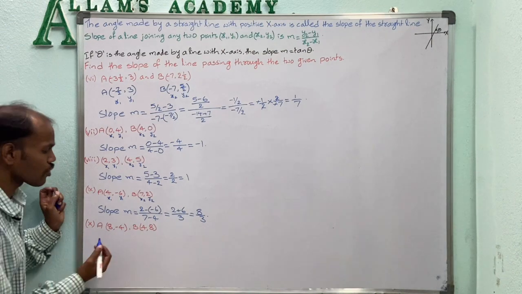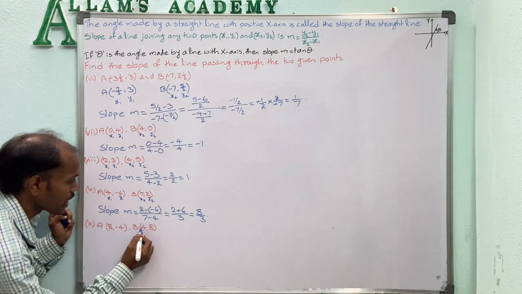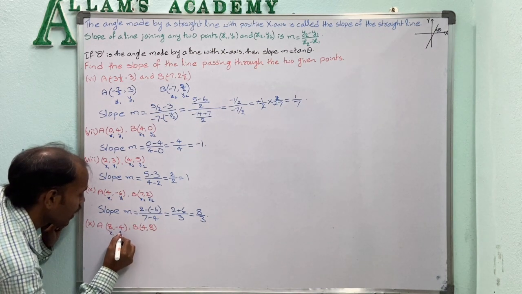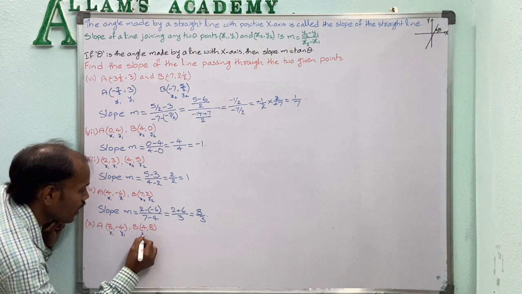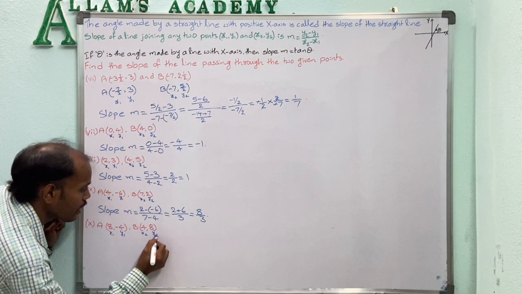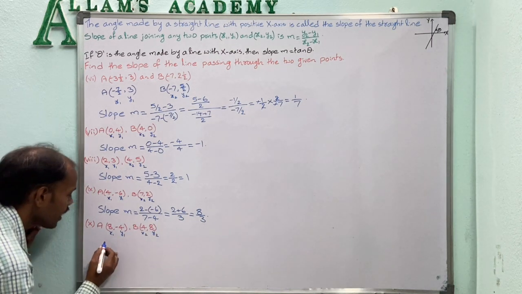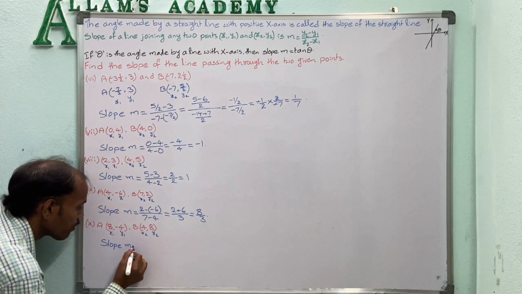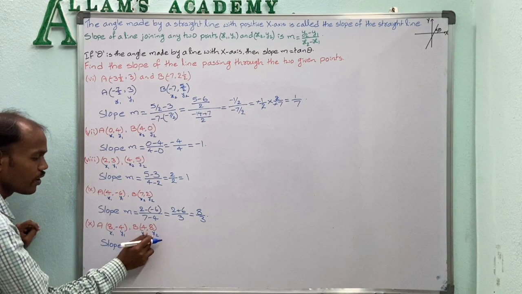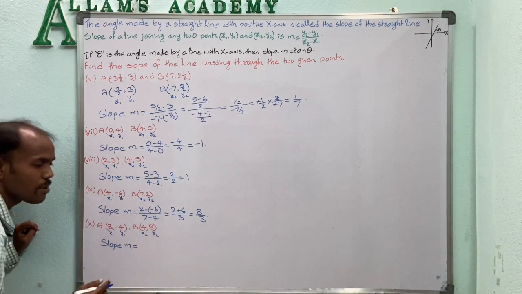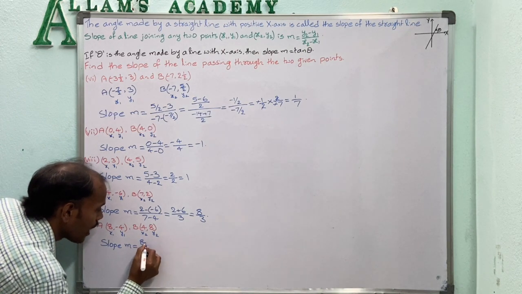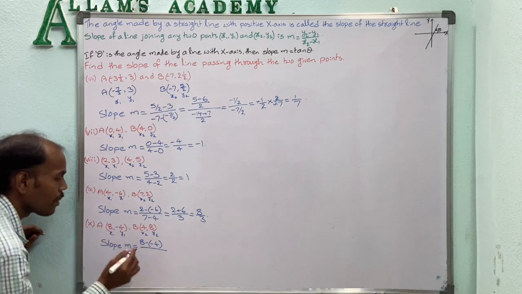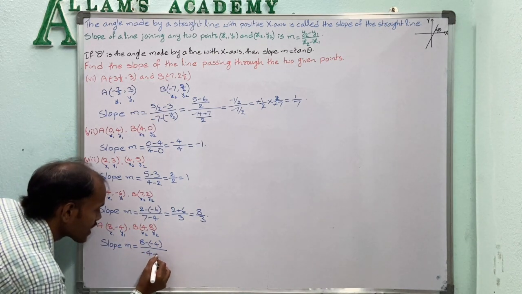Now finding the slope for the points 8, minus 4 and minus 4, 8. So here x1, y1 coordinates are 8, minus 4 and x2, y2 coordinates are minus 4, 8. Then slope m is equal to y2 minus y1 by x2 minus x1. y2 is 8 and y1 is minus 4. So 8 minus minus 4 by x2 minus x1, minus 4 minus 8.